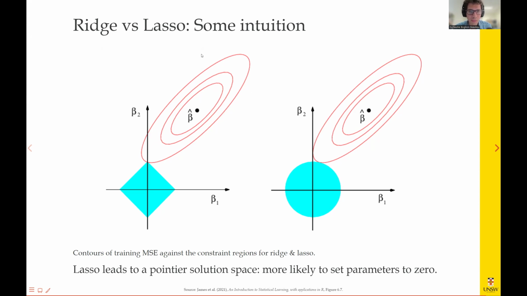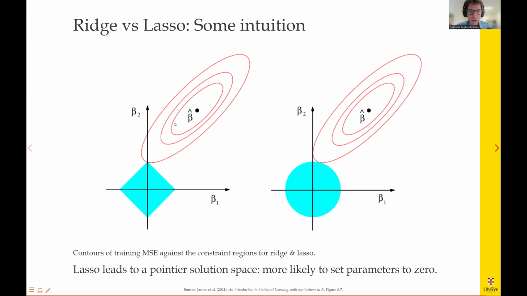So those red ellipses are contour lines, meaning if I go anywhere away from the optimal beta hat here, my RSS will start to increase.